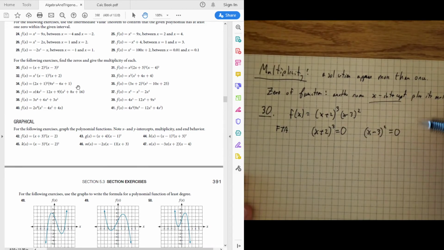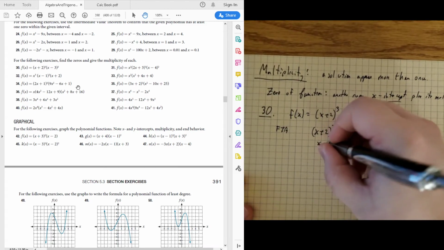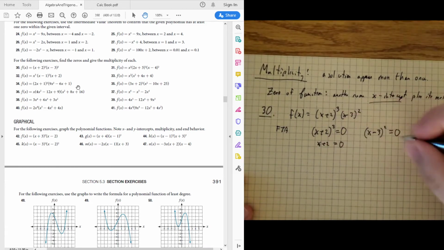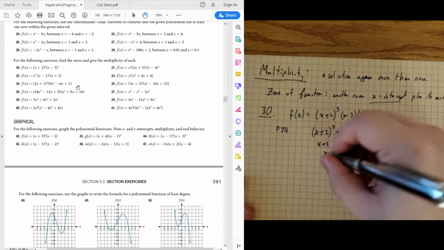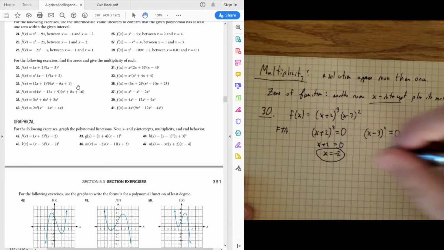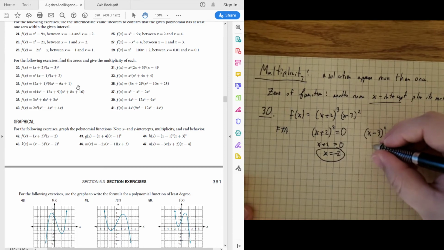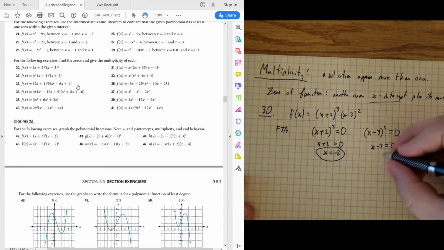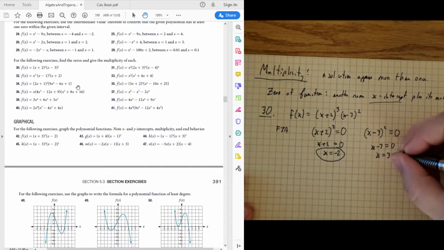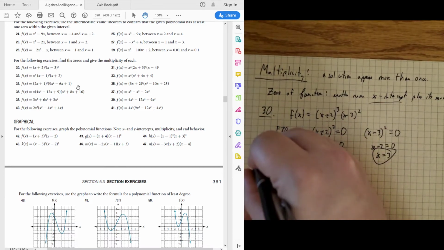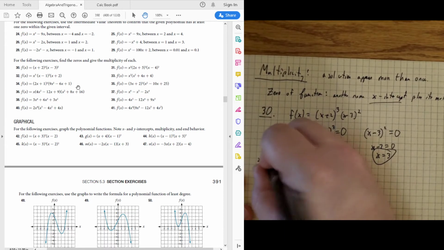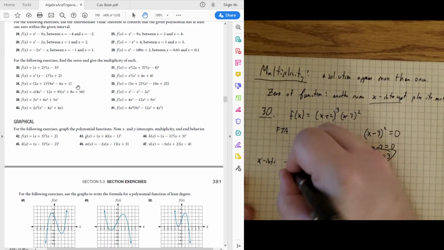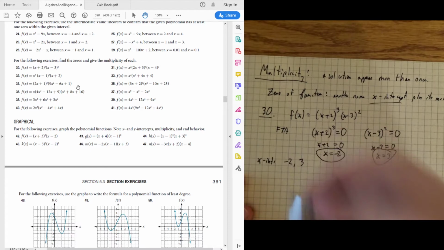To get rid of the square, we use a square root, and we get x plus 2 equals 0, and then we get x equals negative 2. We do x minus 3 equals 0, taking a square root of both sides doesn't do anything, and we get x equals 3 as our answer. So if we asked about the x-intercepts, our answer would be negative 2 and 3.